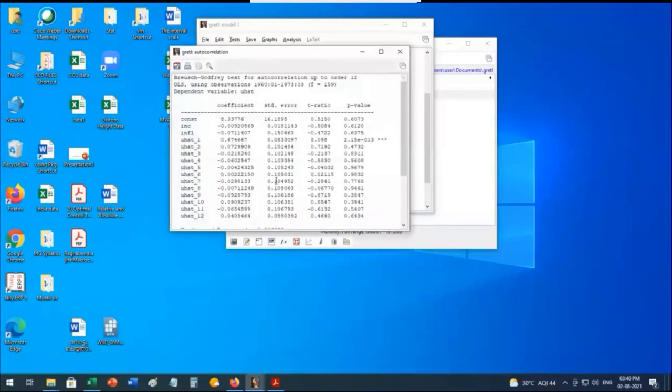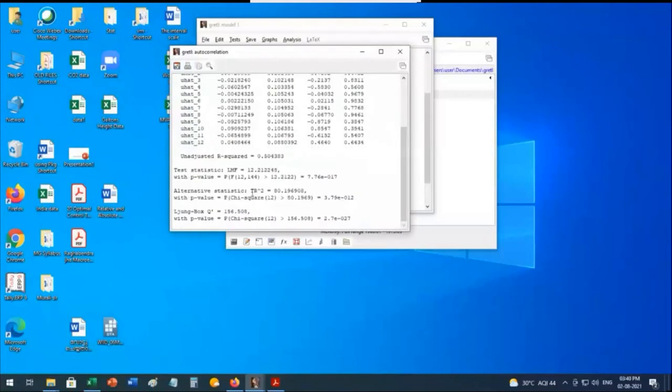Come down. We have 3 tests. All these 3 tests are the Breusch-Godfrey test. In all the cases, the second line gives the p-value. Here, this is the p-value, and this one is the p-value. And what are the p-values? The p-values are all less than 5%. That means what?